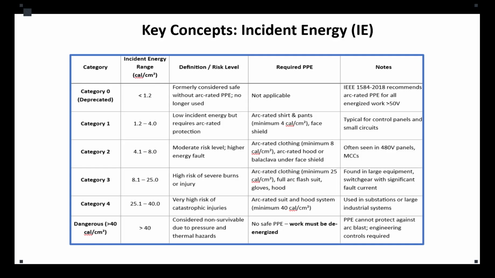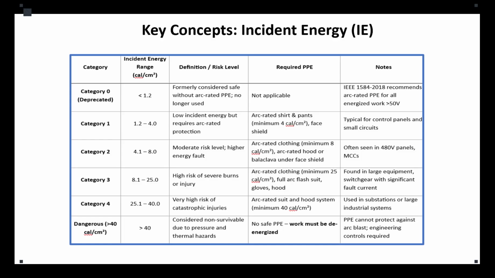Category 4 is more than 25, less than 40, which is a very high risk of catastrophic injuries. And if we have more than 40 calories per square centimeter, it's considered very dangerous. It's considered non-survivable because of the pressure and thermal hazard.